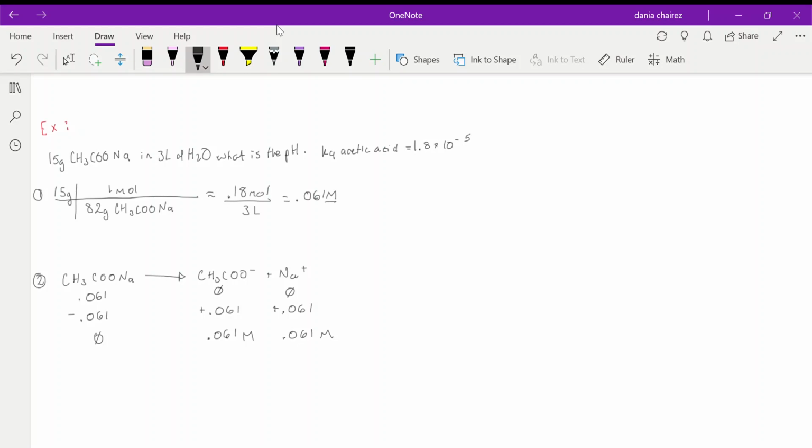So then our third step is to take our conjugate, which in this case is the acetate ion, put it into our water solution, double arrows, we end up with acetic acid and OH minus. This is a liquid. These are aqueous.